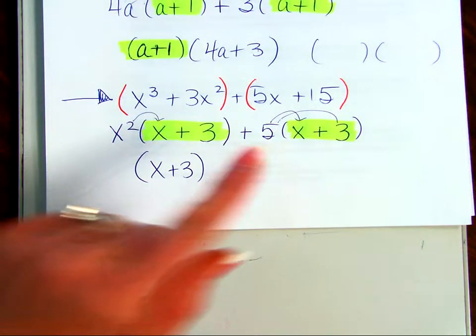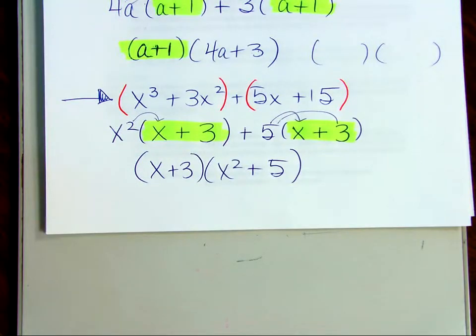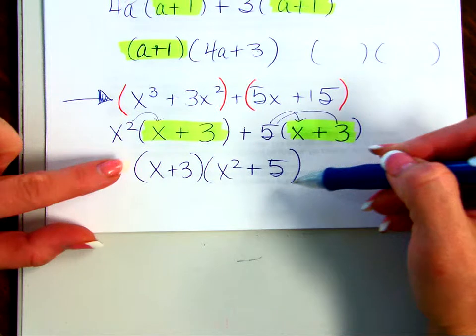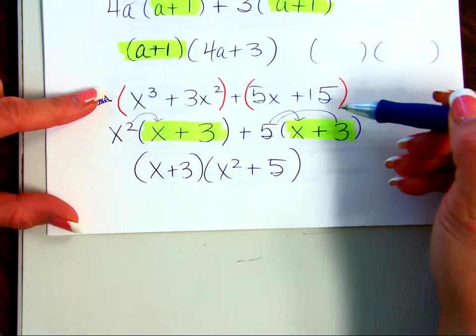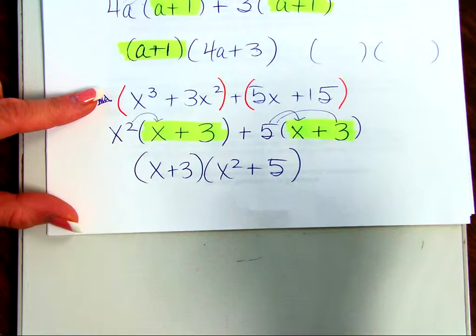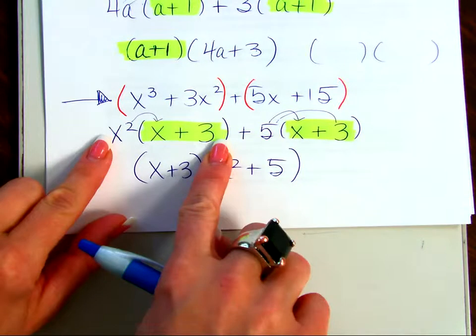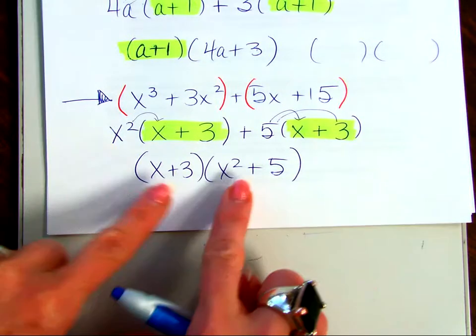So now what does it have in common? Your x plus 3. And what do you multiply that x plus 3 by? X squared plus 5. So I just factored. The learning target was to figure out what two binomials I multiplied to get this crazy mess of an answer.